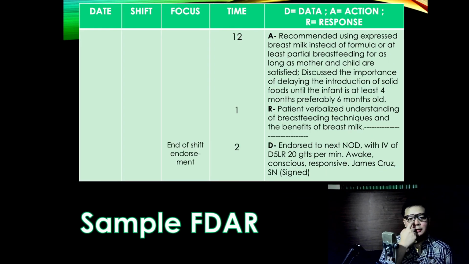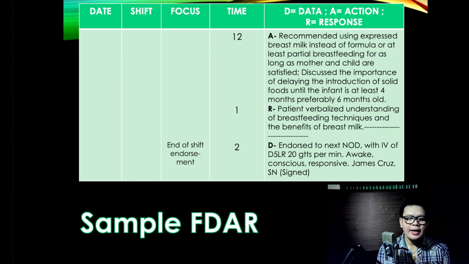Okay, so sixth intervention, you recommended using express breast milk instead of formula, or at least partial breastfeeding for as long as mother and child are satisfied. And lastly, you are able to discuss the importance of delaying the introduction of solid food until the infant is at least 4 months, preferably 6 months old.